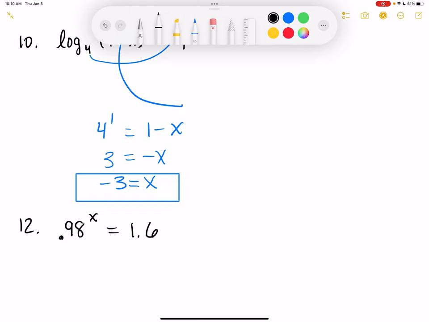So how would I solve this one? We have an exponential, so we solve with a log. So it's log base 0.98 of 1.6 is equal to x.